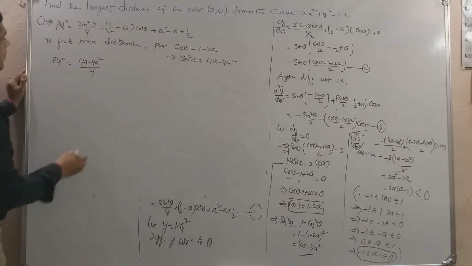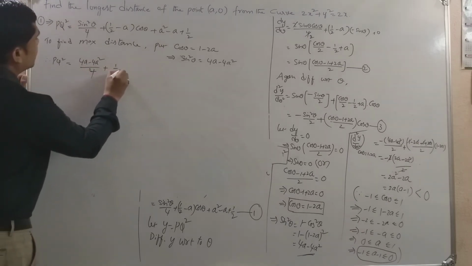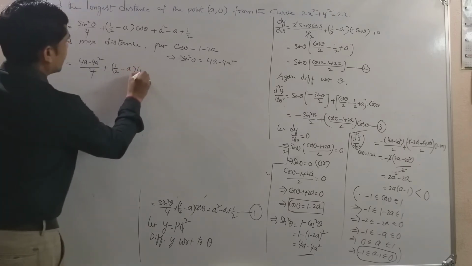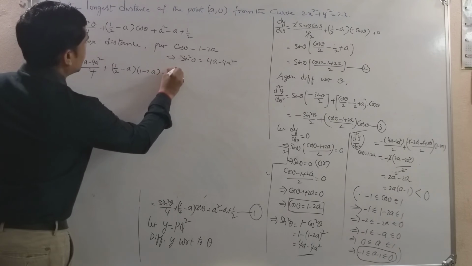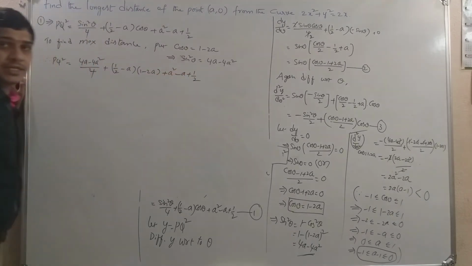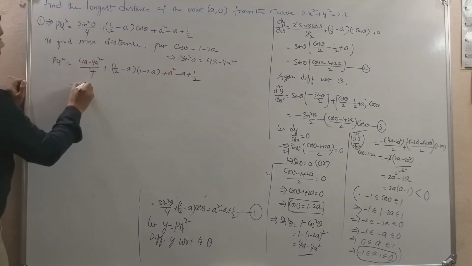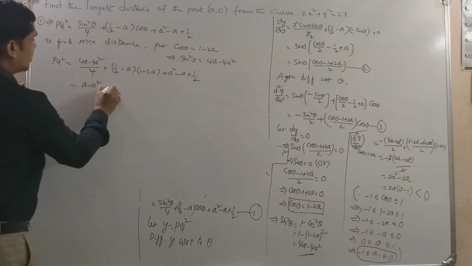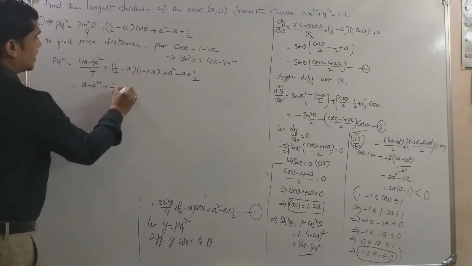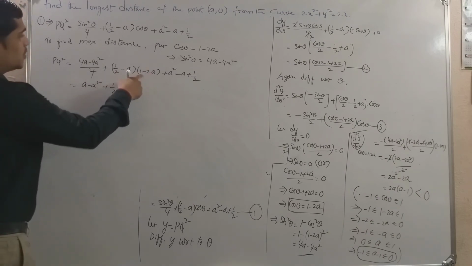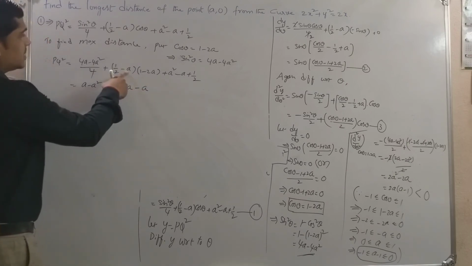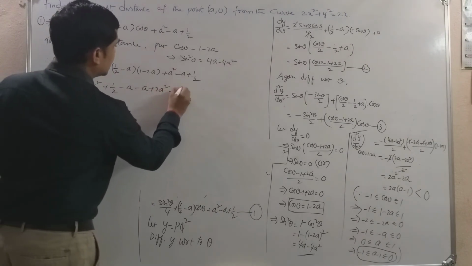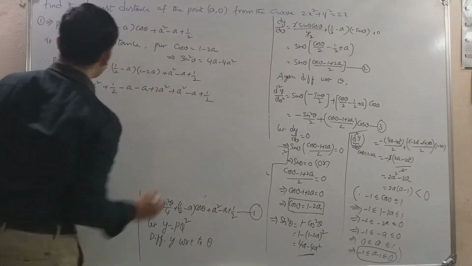So PQ square is equal to (4a minus 4a square) whole divided by 4, plus (1 by 2 minus a) times cos theta, where the cos theta value is 1 minus 2a, plus a square minus a plus 1 by 2. Am I right? So here 4 cancels, then we get only a minus a square. 1 by 2 into 1 is 1 by 2. 1 by 2 into minus 2a is minus a. Minus a into 1 is minus a. Minus a into minus 2a is plus 2a square.